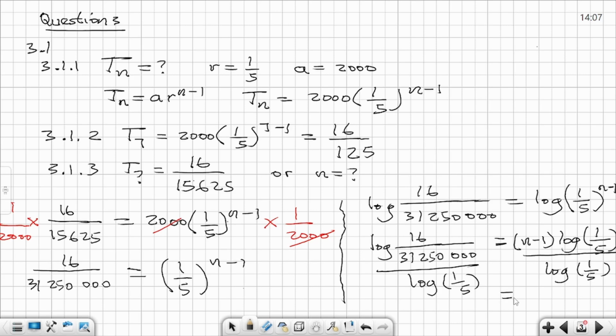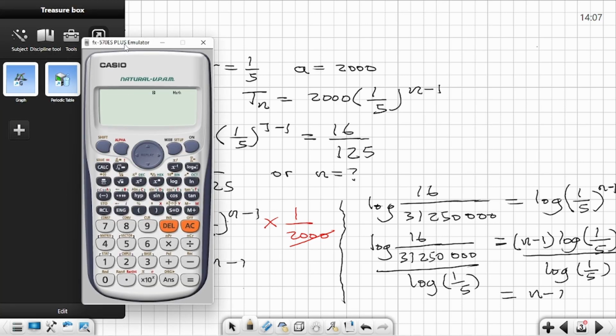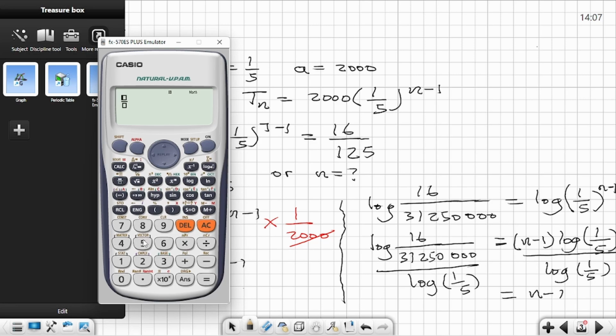Okay, so on the right side you have n minus 1, and what do I have on my left side? Let me do it in my calculator quickly. I've got this log, you have 16 there, and 31,250,000, and then in the denominator you have log of 1 over 5.